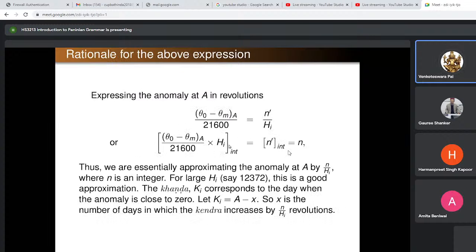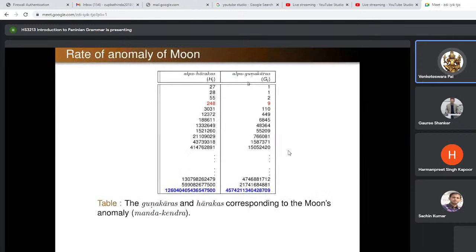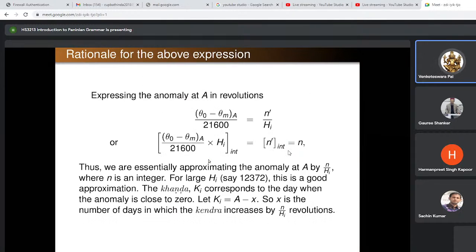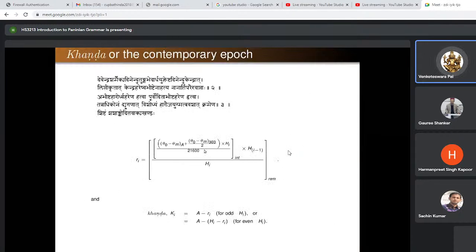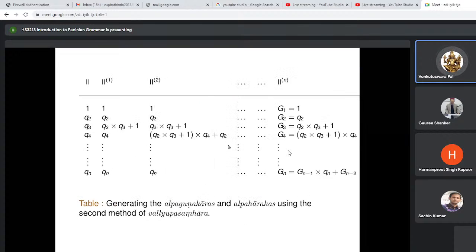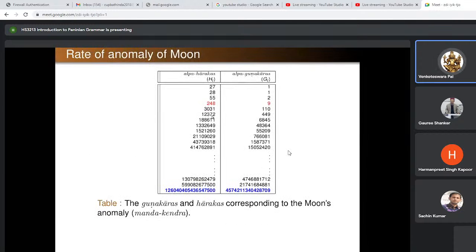Hi is what is used in the table: you can take any value in the first column, and gi is the second column. Gi is not required here.